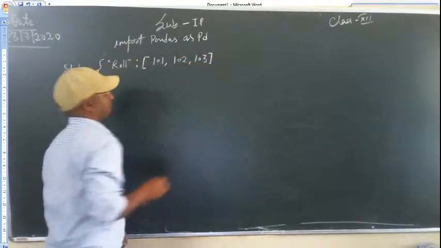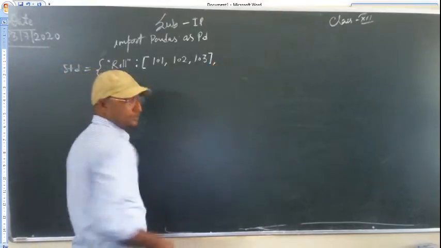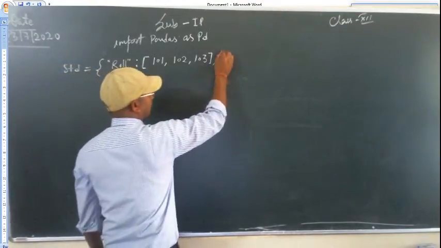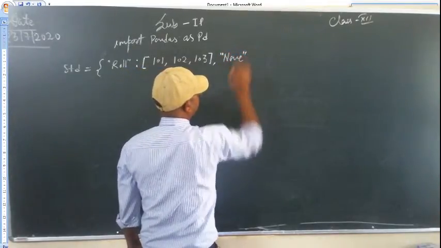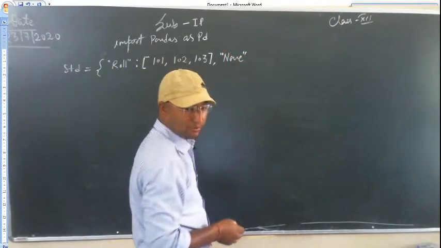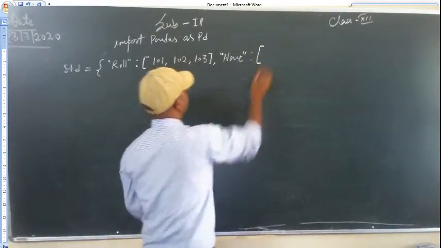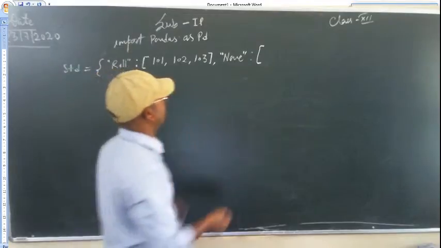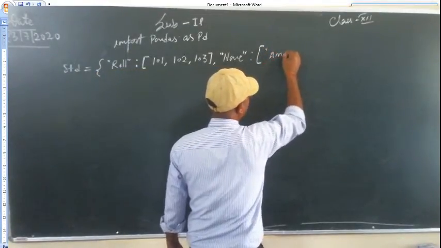and this one. We are adding 3 students only, then a comma, next name, another key for the dictionary, and then putting names for these three key values. If I am putting the first name, any name you can put, it is your wish.